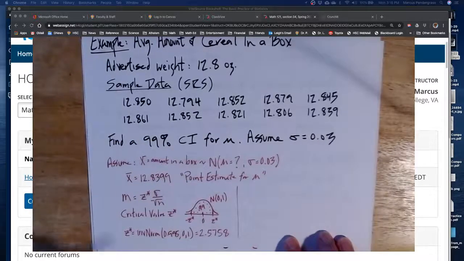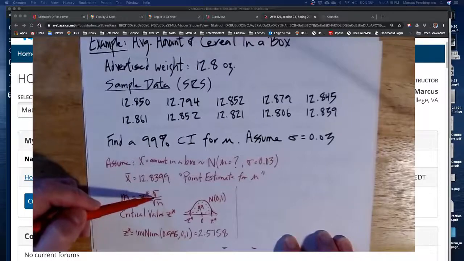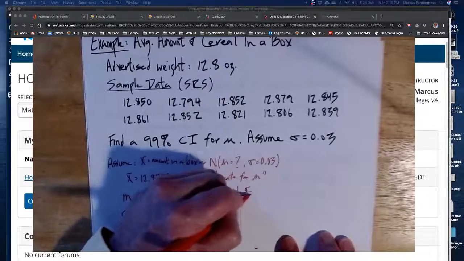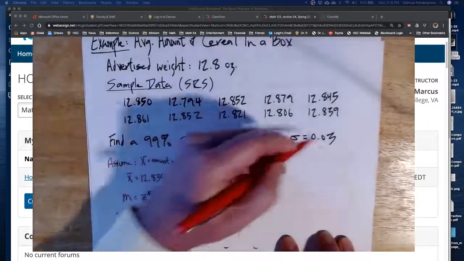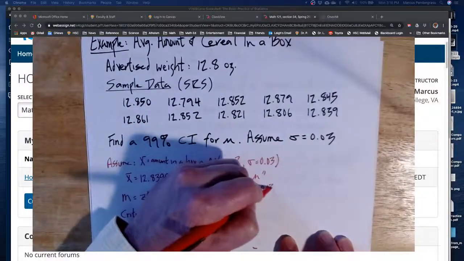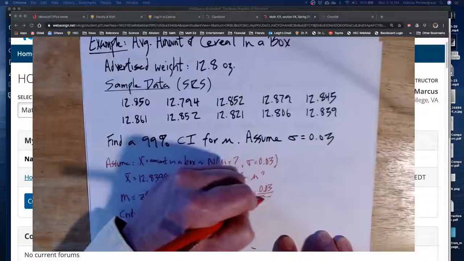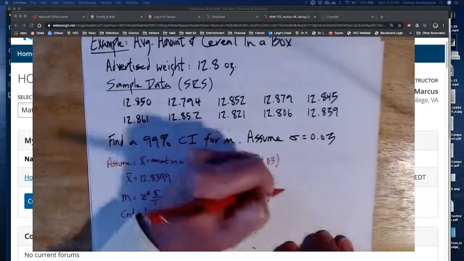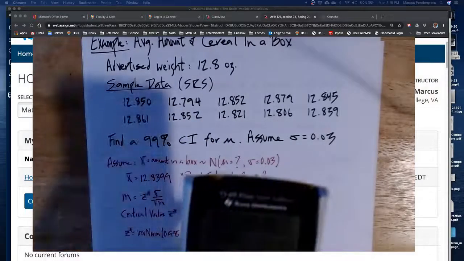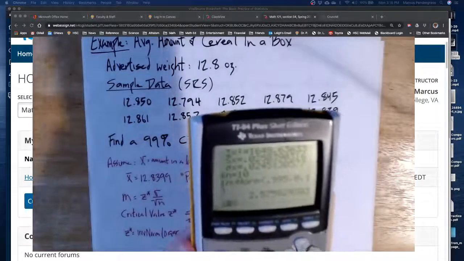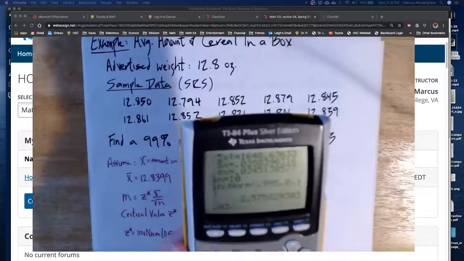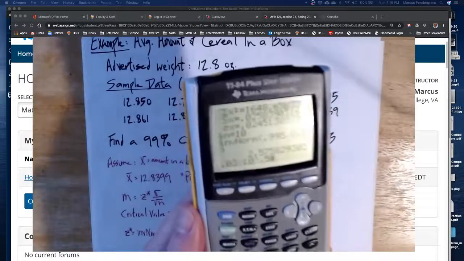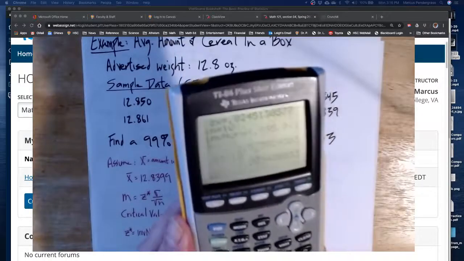So then the next thing I need, once I have Z star, is the standard deviation of X bar. That's sigma over radical n. So that's going to be our 0.03 divided by the square root of our sample size, and that's 10 because we have 10 different measurements. And so just banging that out real quick, 0.03 divided by 10 raised to the 0.5 power, which is a quick way to calculate square roots, by the way.